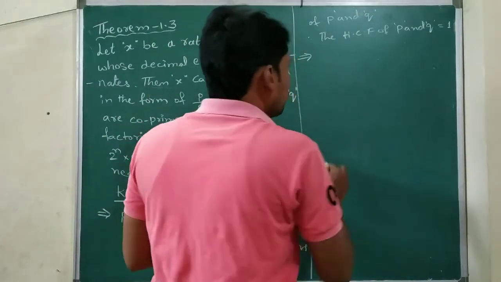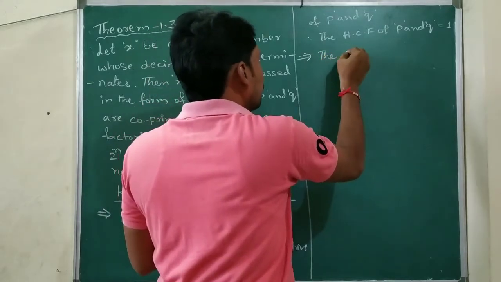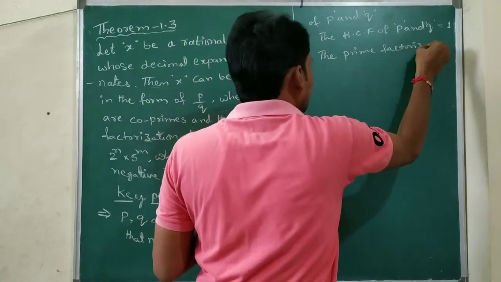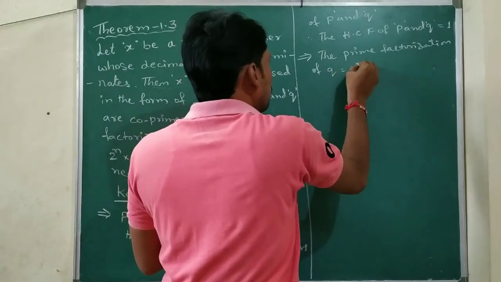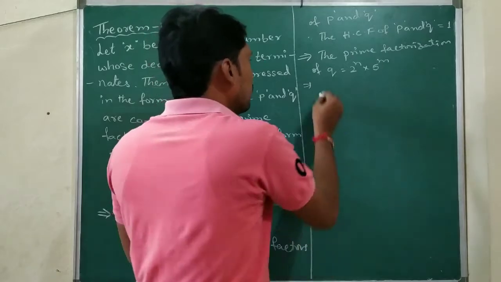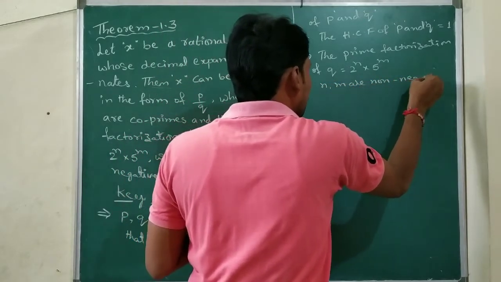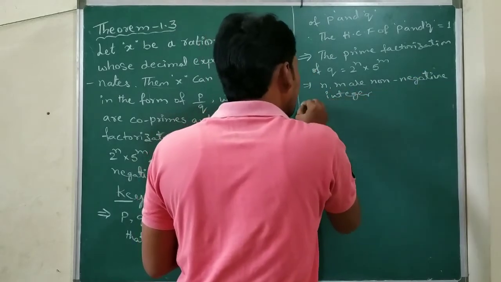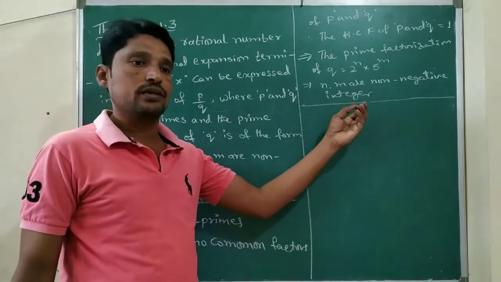You can write it here: the prime factorization of q equals 2 power n into 5 power m. Here n comma m are non-negative integers. Non-negative integers means, we can take n comma m as positive integers only.